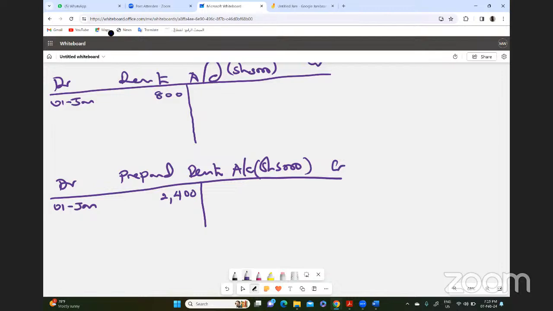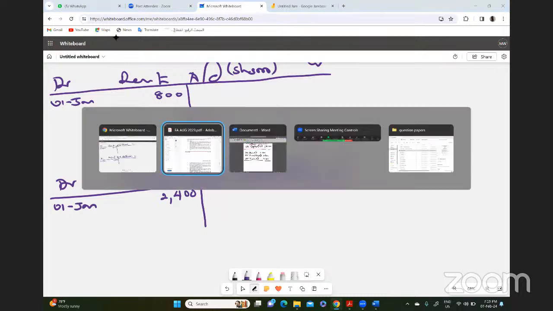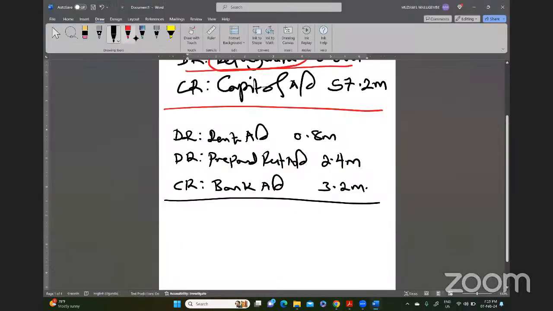So which wordings are we going to use on these debits? We are going to use bank, okay? Yeah, the other credit entry. This credit entry here is what we are going to use, bank.